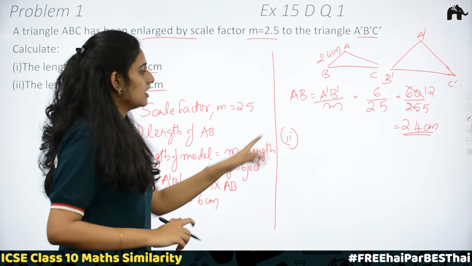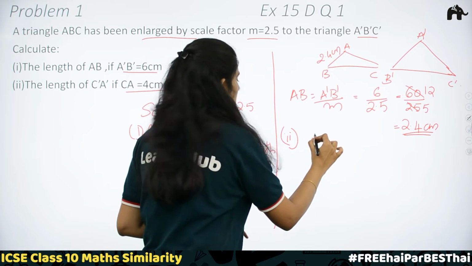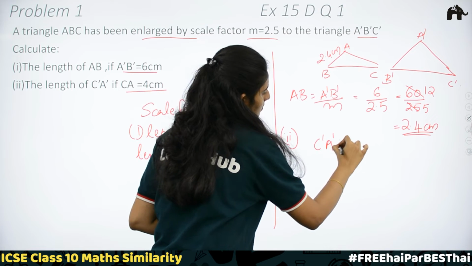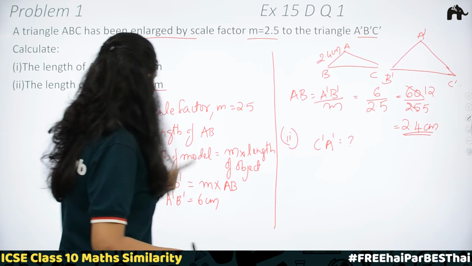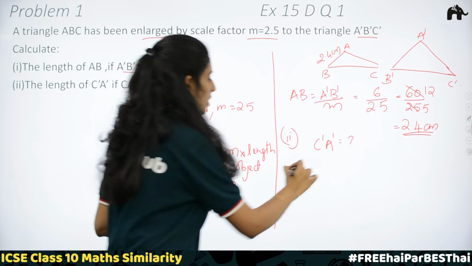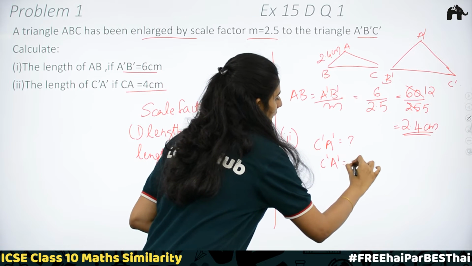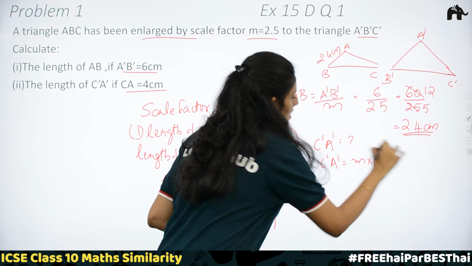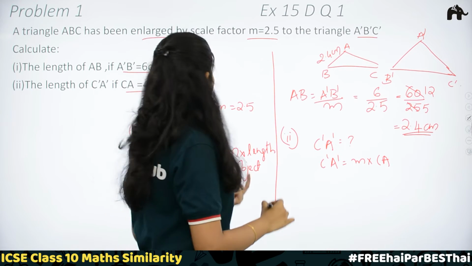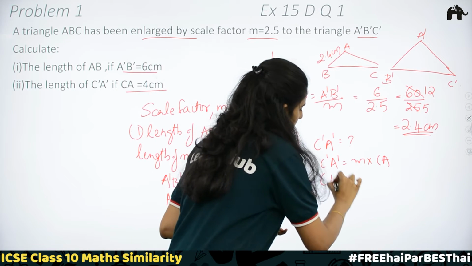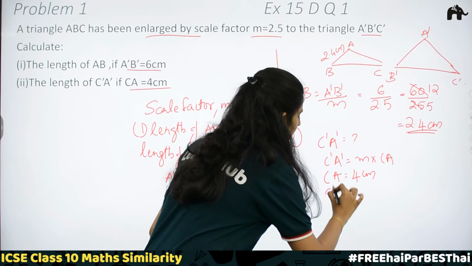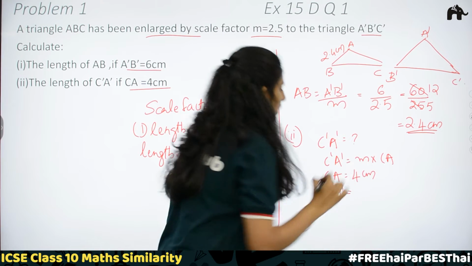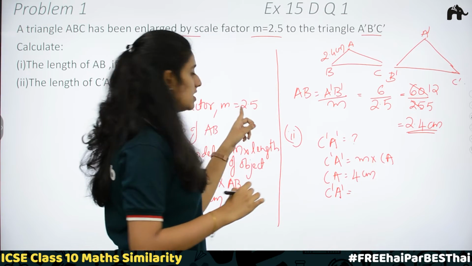So to find the length of C dash A dash, we will be having C dash A dash is equal to M into CA. What is the value of CA? CA is given, which is 4 centimeter. Then C dash A dash will be equal to M into CA. M is equal to 2.5.